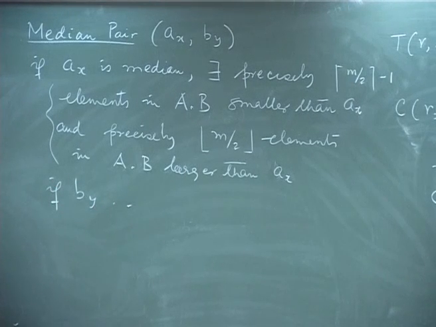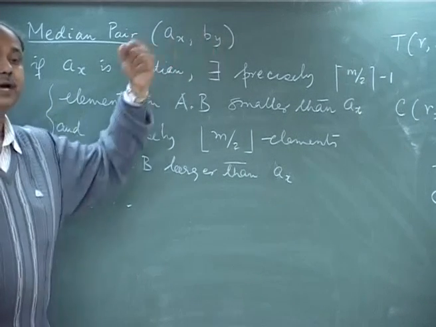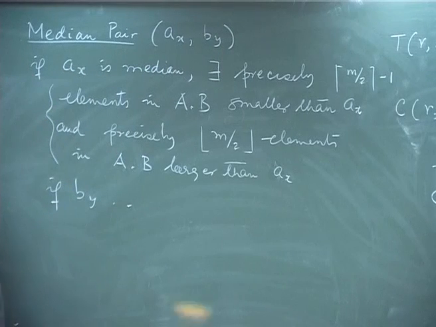Now, if AX is median, what is BY? In the median pair, what is the role of BY?